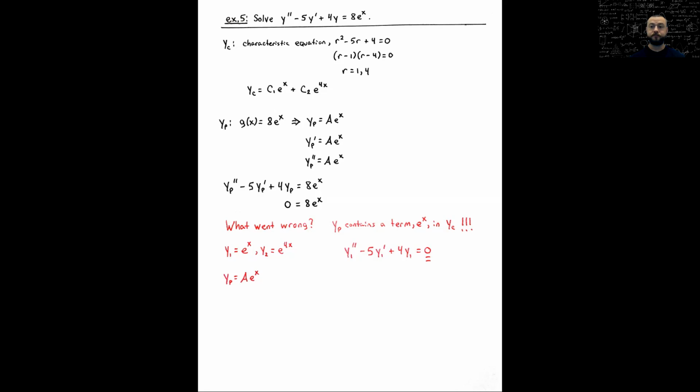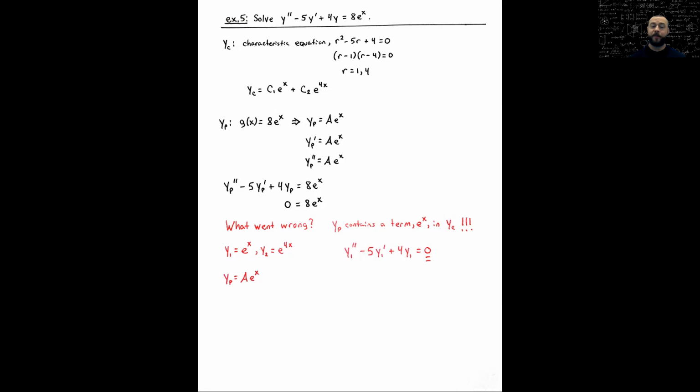All right, so what happened here is we actually made a wrong choice for the particular solution. It's not wrong from g of x, but we have to be careful to first look at our complementary solution.